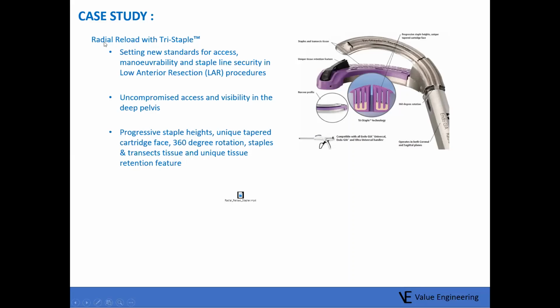Here we are showing a radial reload with the tri-staple technology, meaning each side has three staples. If you see on the right-hand side, there are three staples, and here also three staples. So on each side of the cut there are three staples. That's why it's called a tri-stapler.